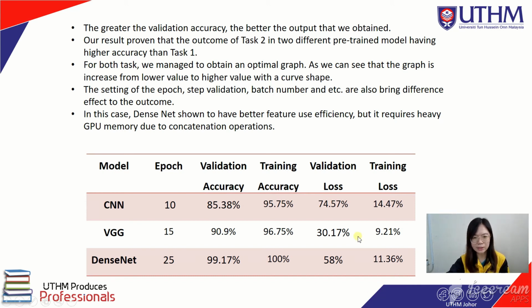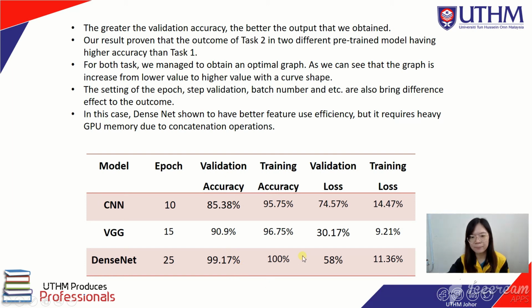Okay, so you can see here the CNN, we set the epoch as 10, and the validation accuracy that we obtain is 85.38%. The VGG is 15 epochs, with 90.9% validation accuracy, and the highest one is DenseNet, with a higher epoch as well, 25, and we can get the validation accuracy up to 99.17%.